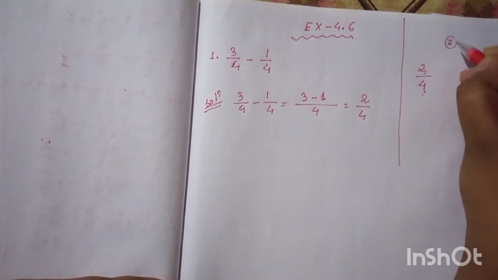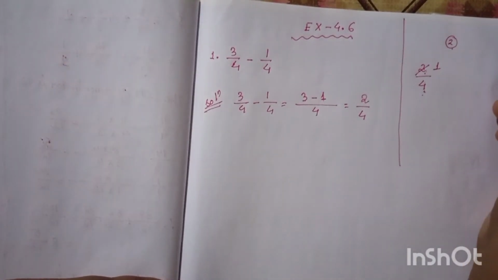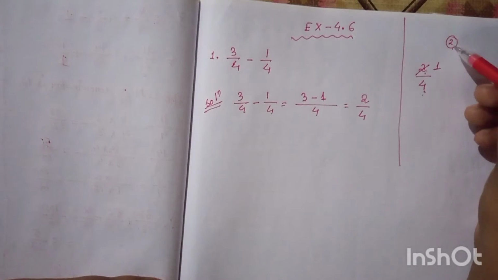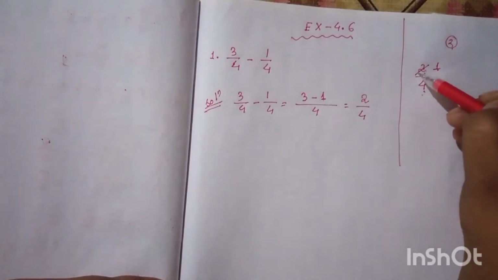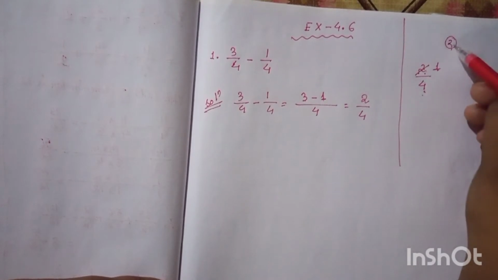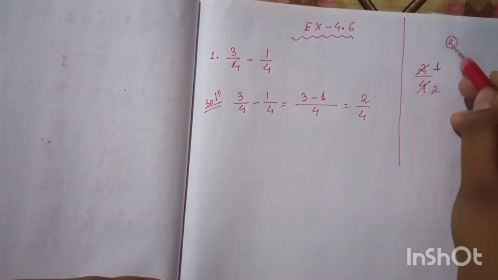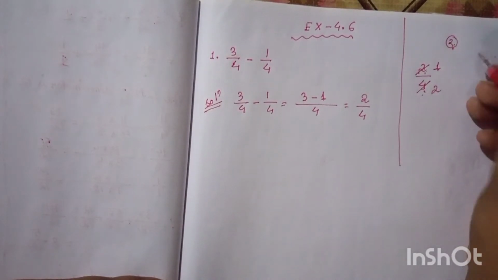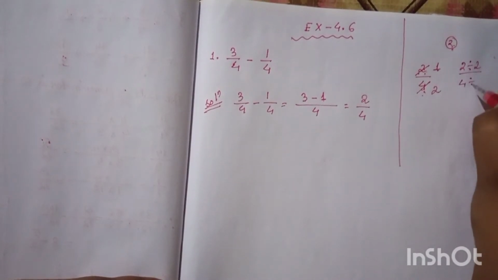We know that 2 ones are 2. Why did I cut like this? Because 2 multiplied by 1 gives us 2, that means we divided this 2 by 2. Then 2 twos are 4. This process is the same as 2 divided by 2, 4 divided by 2.